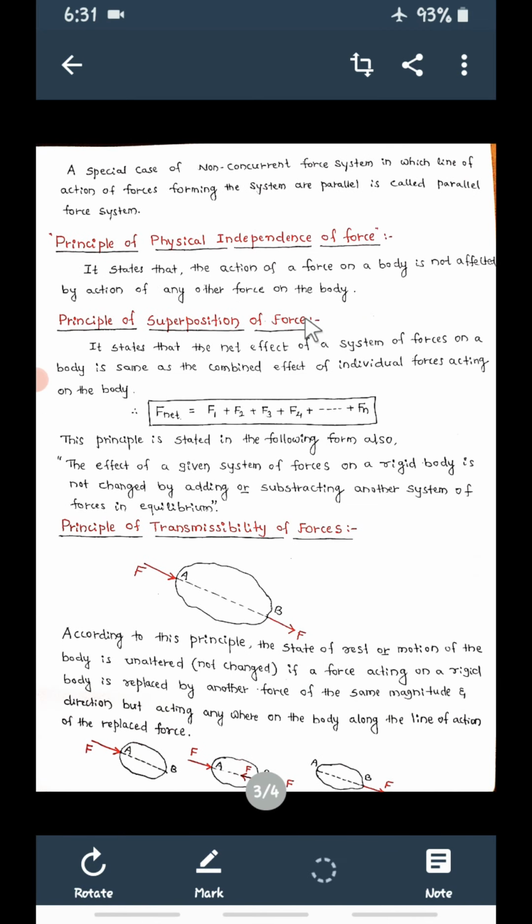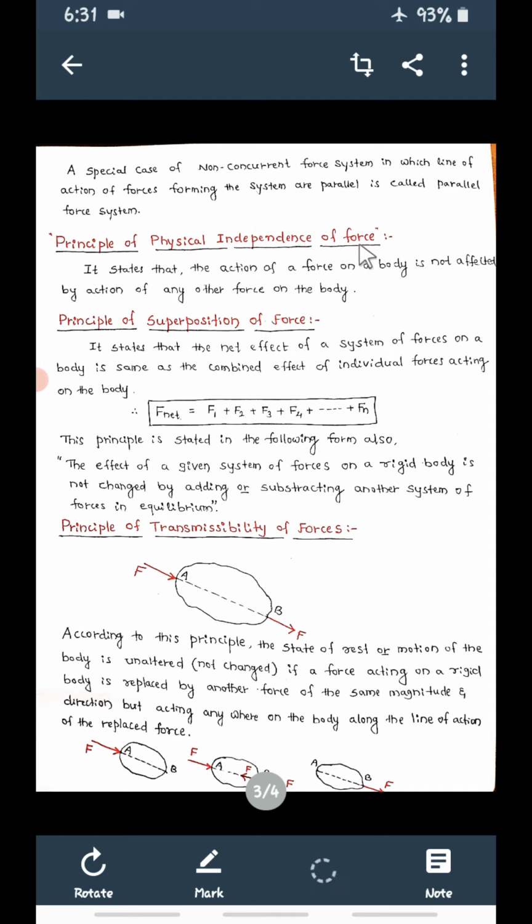Next, now we are going to study some principles related to this force system, the important principles of these forces. So the first principle is the principle of physical independence of force. What is this principle? Principle of physical independence of force, or you can say the law of physical independence of force.